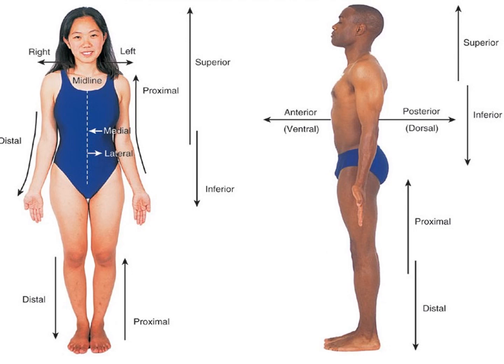So we have two individuals here in anatomical position with lots of different arrows and words that are surrounding them and pointing in the direction that these directional terms are referring to. Now, most of these you probably haven't seen, but some of them may be familiar.